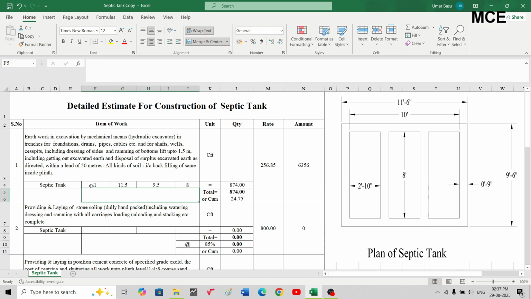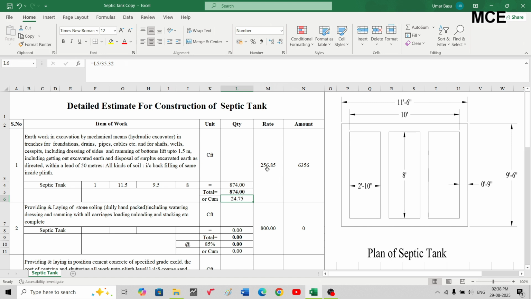It's equal to 874 cubic feet. If you have to convert it into cubic meters, divide this 874 by 35.32, which gives 24.75 cubic meters, the quantity of earthwork in excavation.